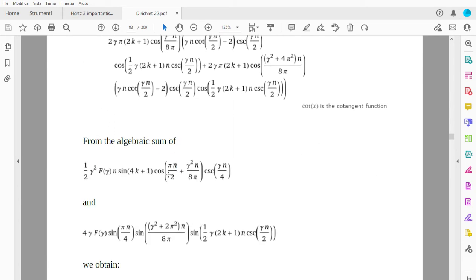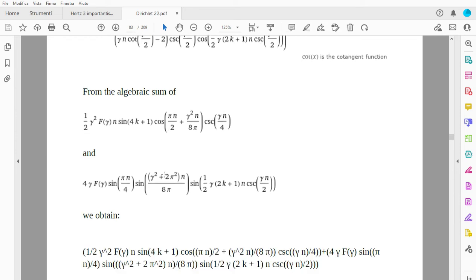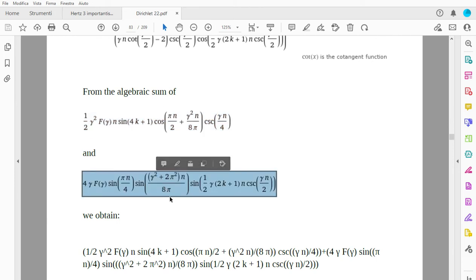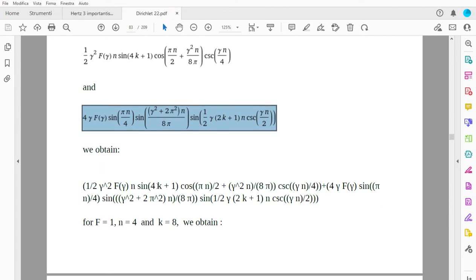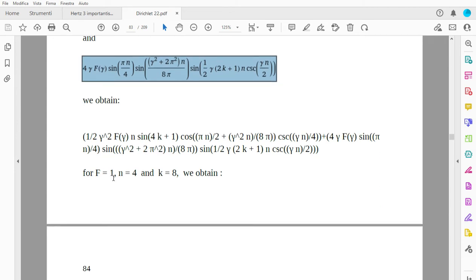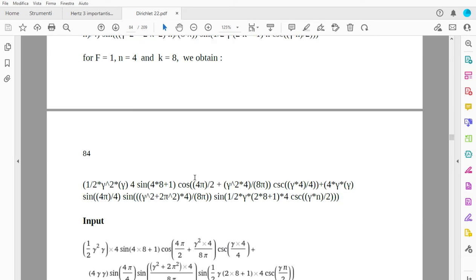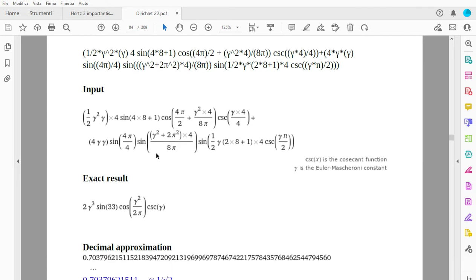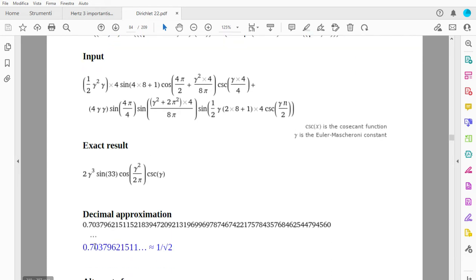From the algebraic sum of the first and this other expression that we have previously obtained, we have that for f equal to 1, n equal to 4, and kappa equal to 8, we obtain these other expressions and finally the exact result, that is very near to 1 divided by the square root of 2.